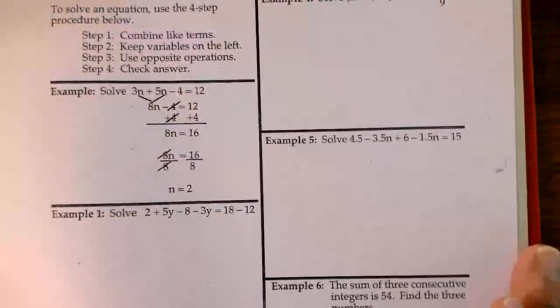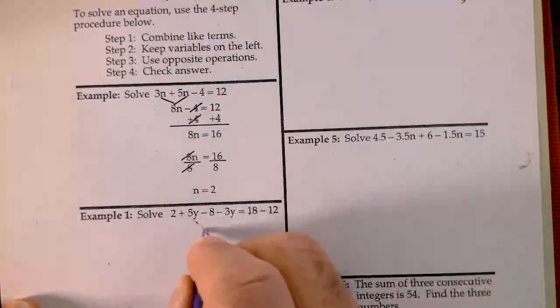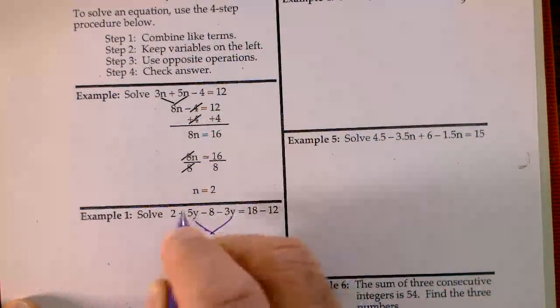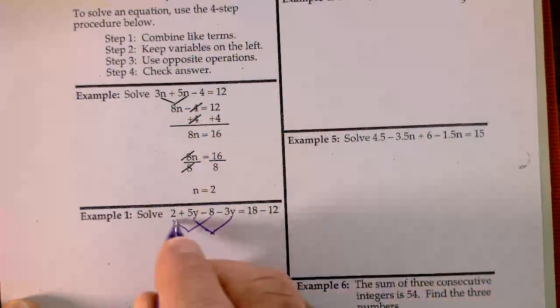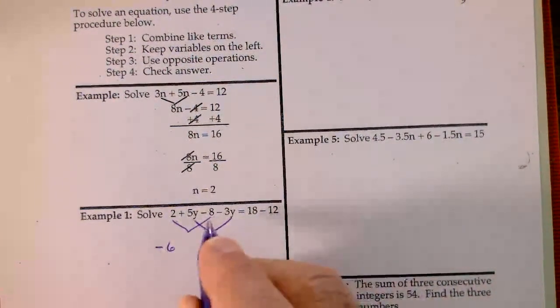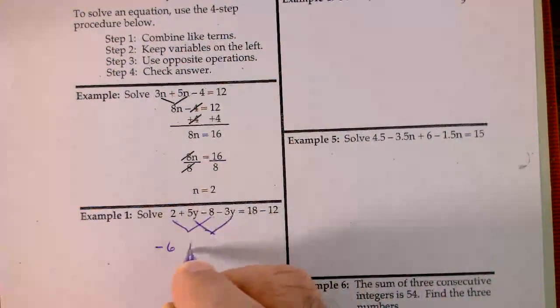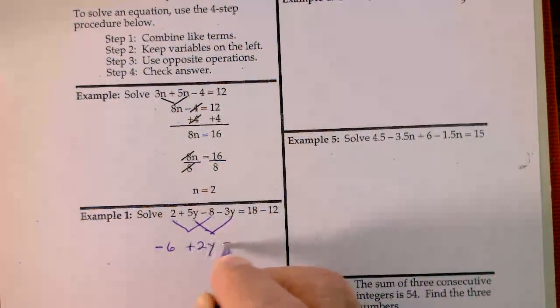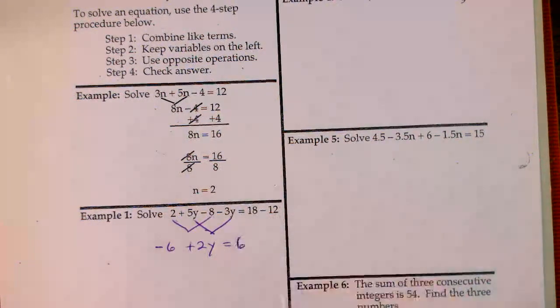Now, let's take a look then at this problem here. As you could see, these two are like terms as these two are like terms. 2 minus 8 is minus 6, and 5 minus 3 is going to be a plus 2y equals 18 minus 12 is going to be 6.